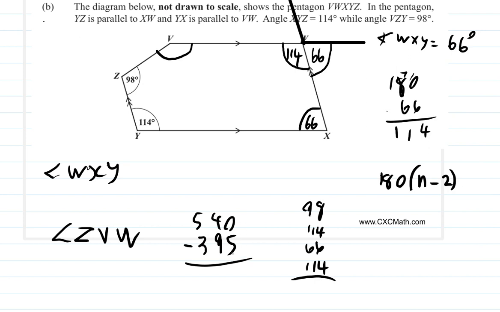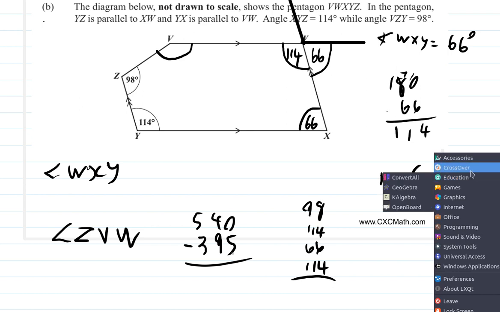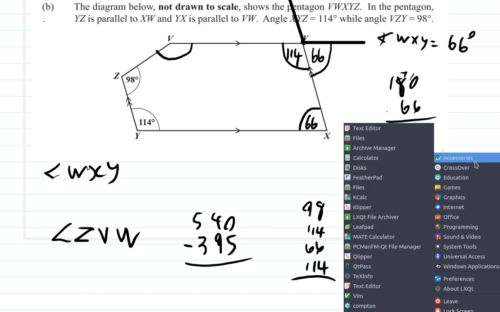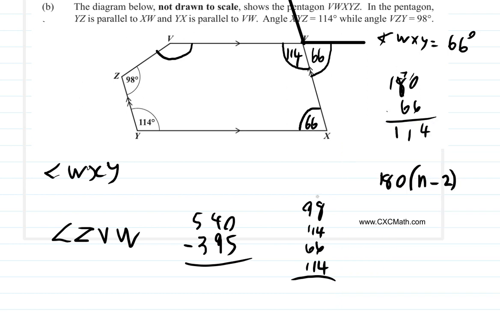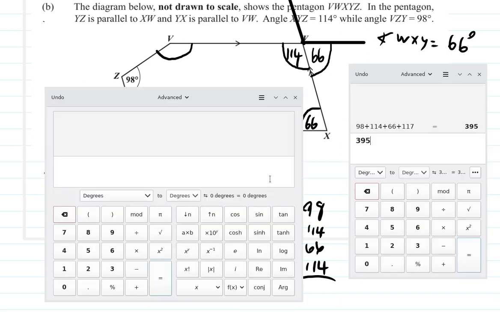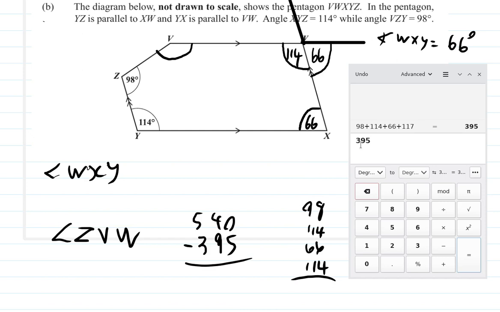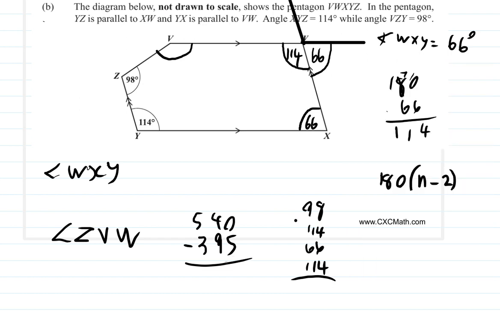Let's just use your calculator again quickly. 540 minus 392 gives you 148 degrees. So this would be 148 degrees.